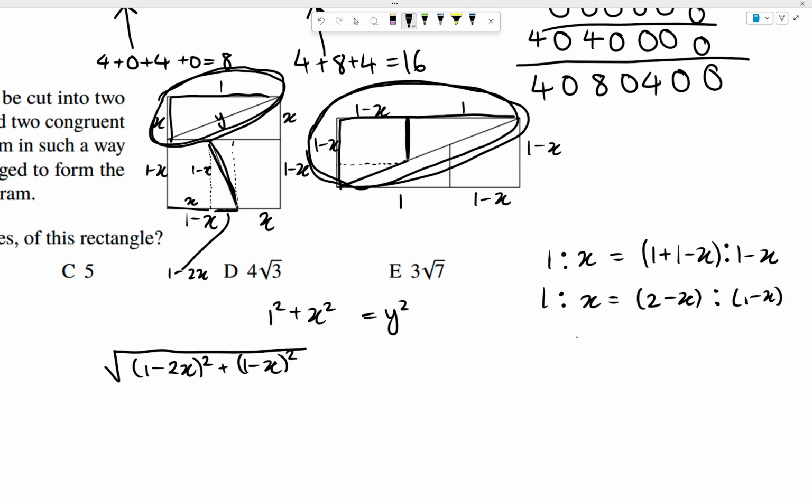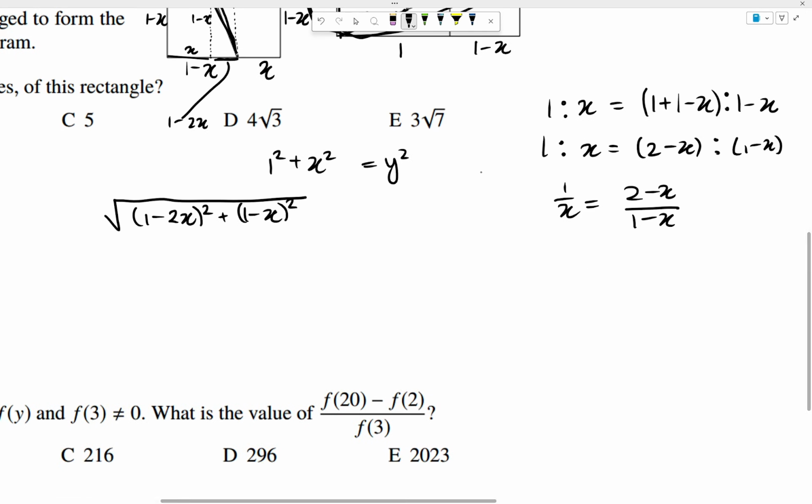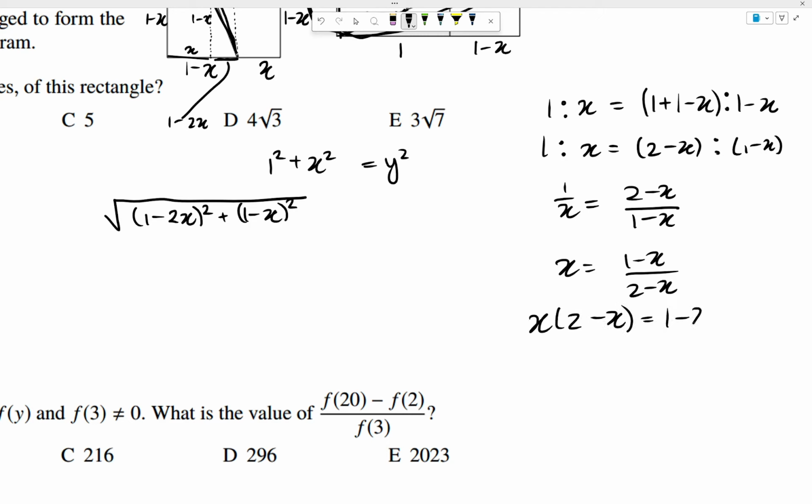And then I'm going to rewrite this ratio as a fraction to get 1 over x is equal to 2 minus x all over 1 minus x. Now I can rearrange this and solve for x. So x is equal to (1 minus x) over (2 minus x). x times (2 minus x) is 1 minus x. 2x minus x squared is 1 minus x. 0 is x squared minus 3x plus 1.